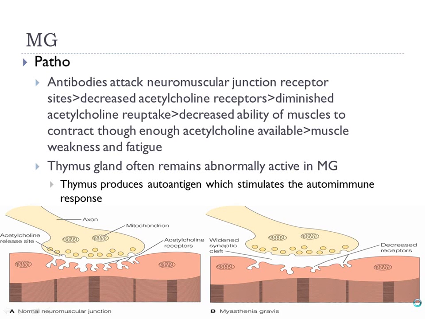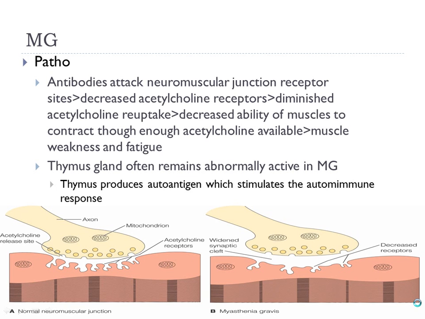In a normal neuromuscular junction you have several acetylcholine receptors, but in MG, the receptors have been severely reduced. So there's not necessarily a change in the amount of acetylcholine, but a change in the number of receptors for that acetylcholine to act on.